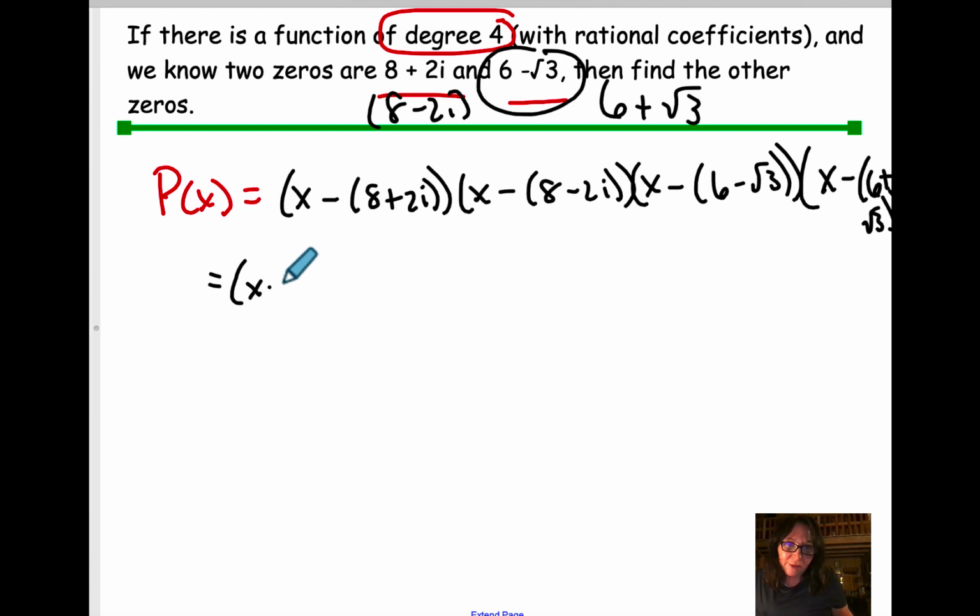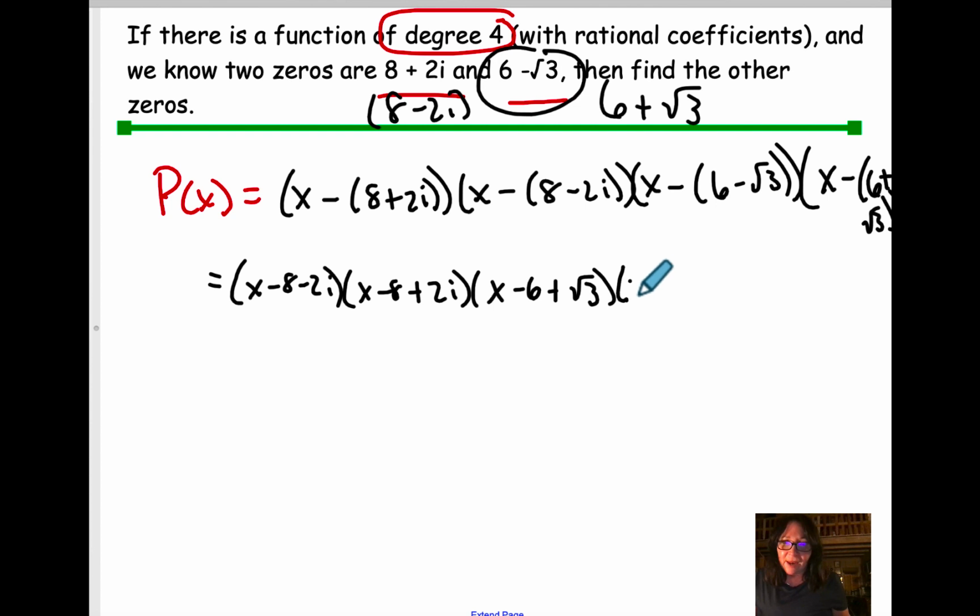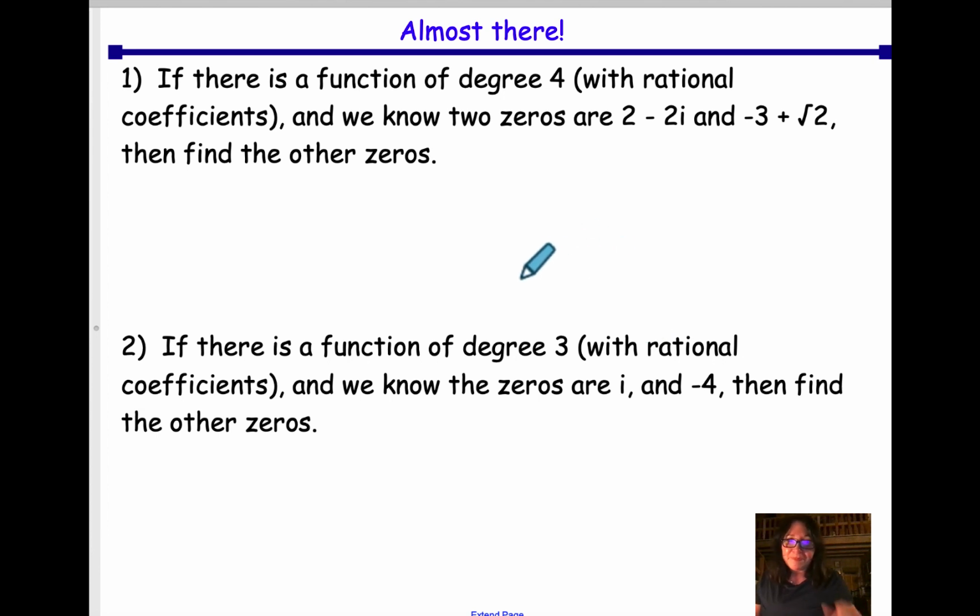P of x is x minus 8 minus 2i, x minus 8 plus 2i, times x minus 6 plus root 3, and then x minus 6 minus root 3. And this would be a polynomial of degree 4. Even though they only gave me 2 of the zeros, this is what they did. Like I said, I'm not asking you to multiply this out, but I do expect you should know how to do that.